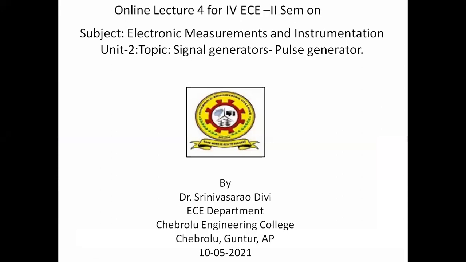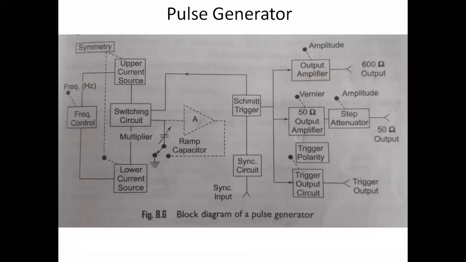Coming to today's session, that is pulse generators. In the last class we already discussed the difference between a square wave and a pulse generator. A square wave is derived from a pulse generator when the duty cycle is 50%. That is, when the pulse width of the square wave is half of the pulse period, then we can say it is a square wave.